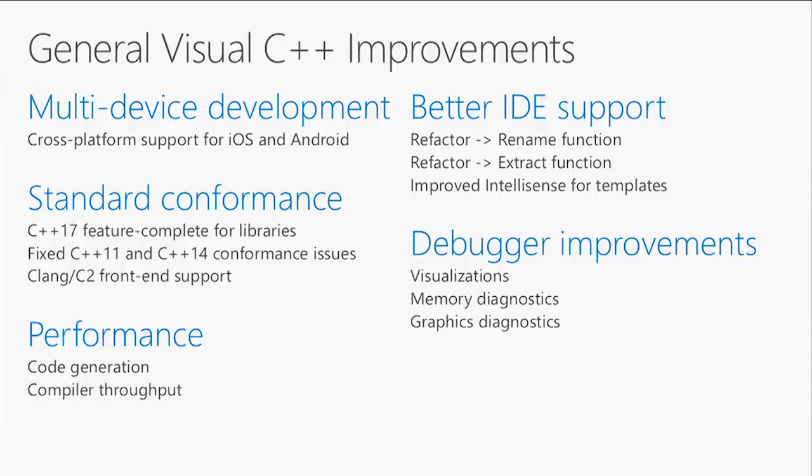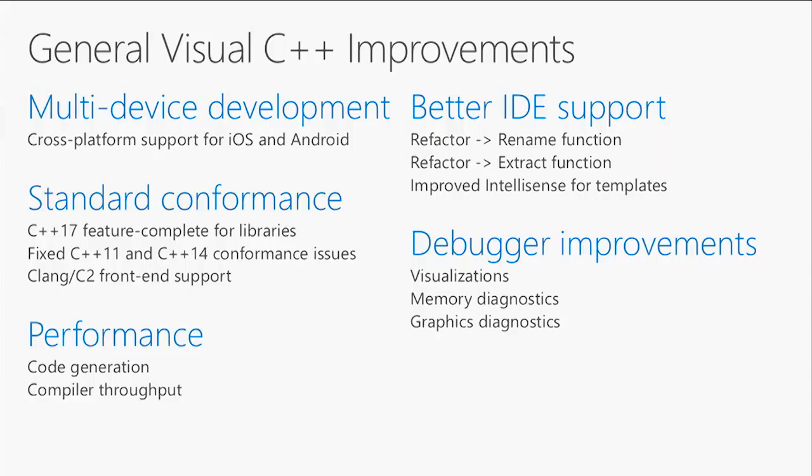Today we are going to talk about asynchronous programming, but before that I want to introduce some C++ improvements in this last version. From Visual Studio 2015 you can target iOS and Android with multi-device development. We're still working on standard conformance, and we are proud to announce that we are feature complete for libraries for C++17 and still working on C++11 and C++14.